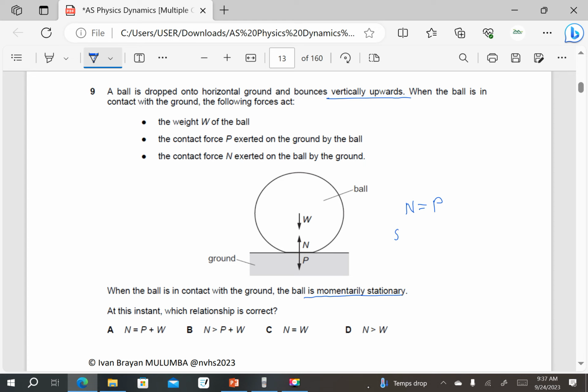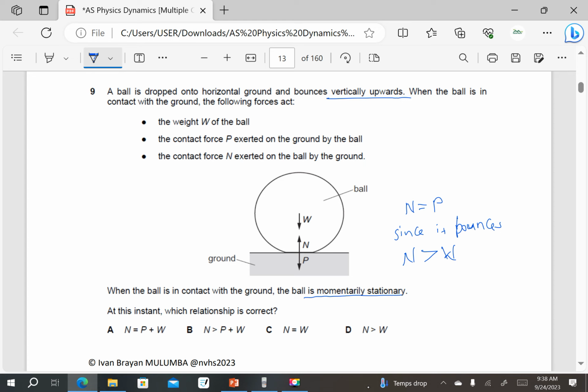Since it bounces vertically upwards, it means the force from the ground to the ball should be greater than the weight.